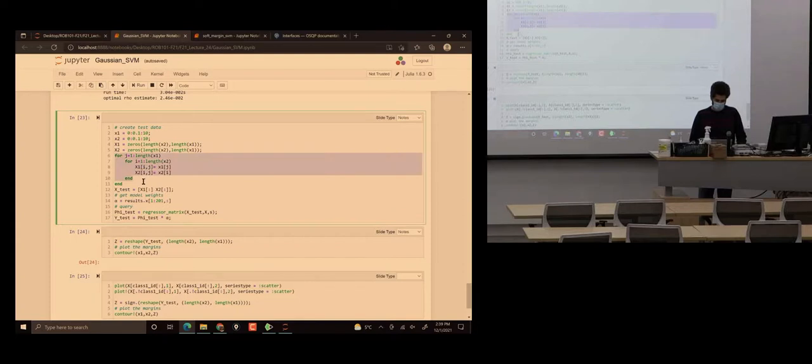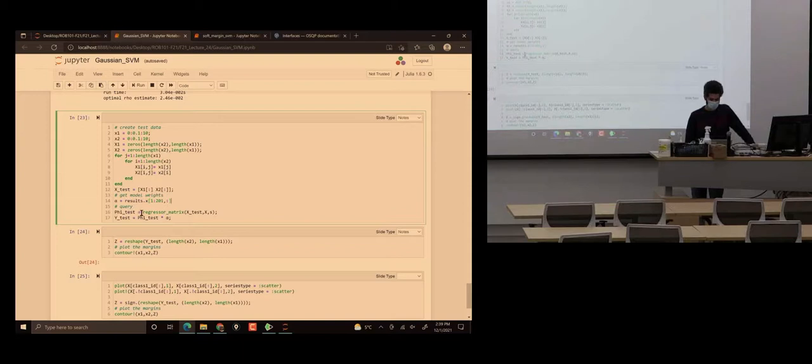Once I have my test points, many points on the plane, I take alpha here. I had 200 data points, so from 1 to 201 will be my alpha.